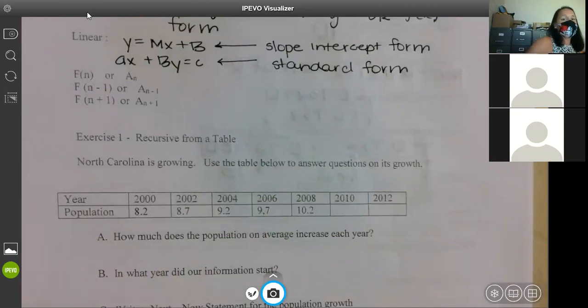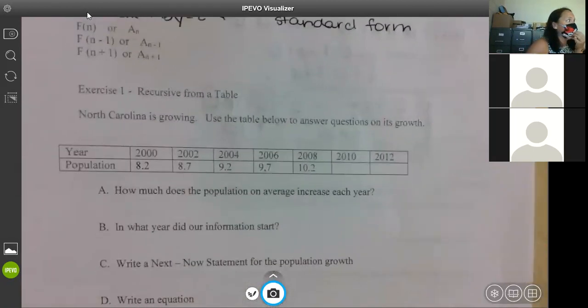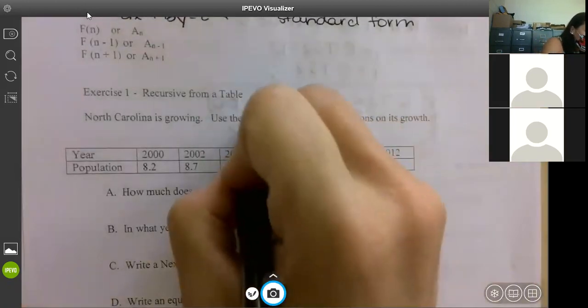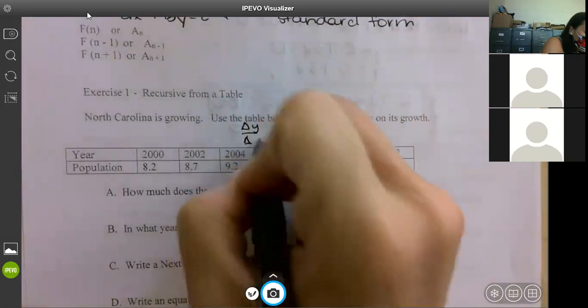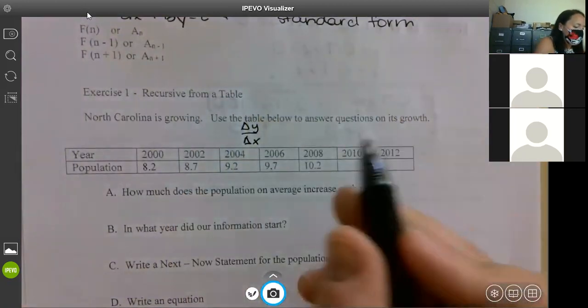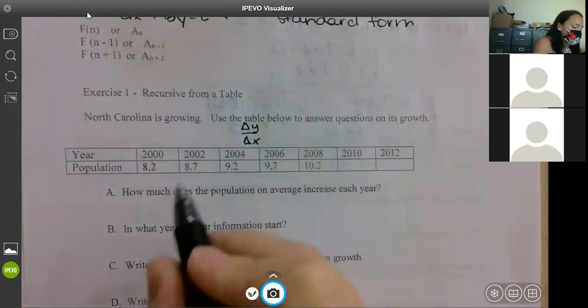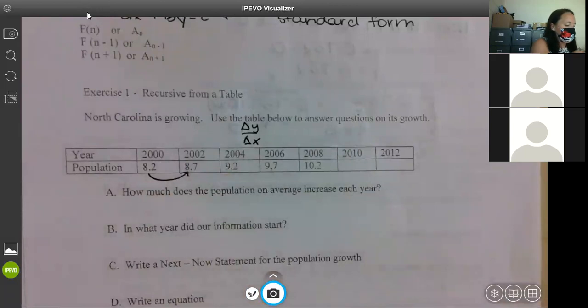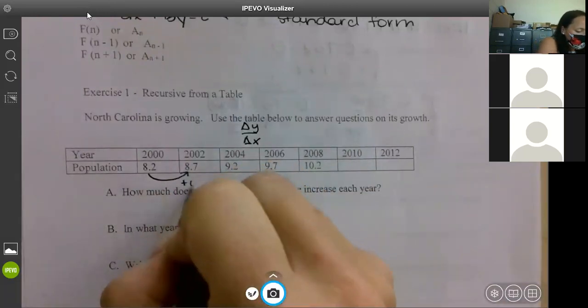All right, so the first thing I'm going to do is write my equation, but I've got to find my slope and my y-intercept. So I need to do my change in y over change in x. The easiest one to use is the first one. How do I get from 8.2 to 8.7? Going up by 0.5.